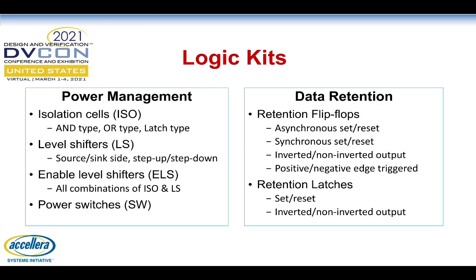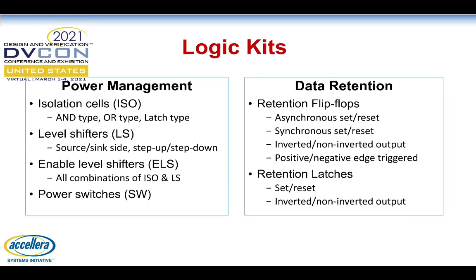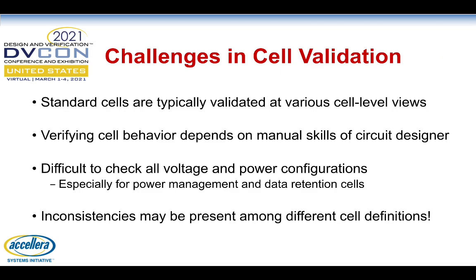Now that we have this premise established, let's see what challenges we face in validating the standard cells. The typical infrastructure for quality assurance of standard cells is to a large extent limited to checks at individual cell level. And this largely depends on the manual skills of circuit designers.